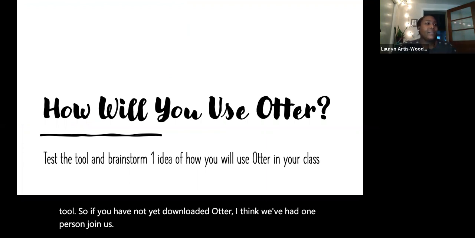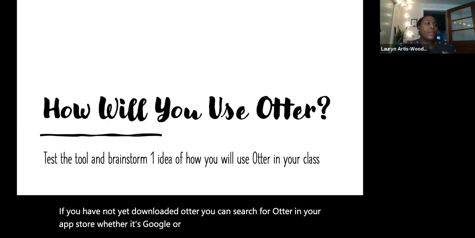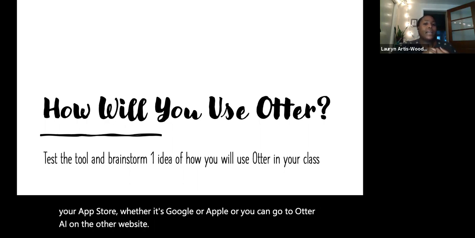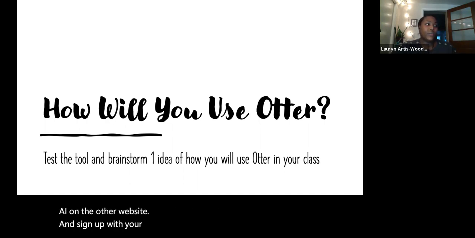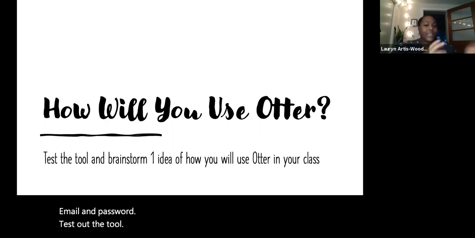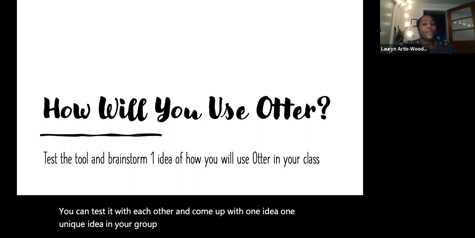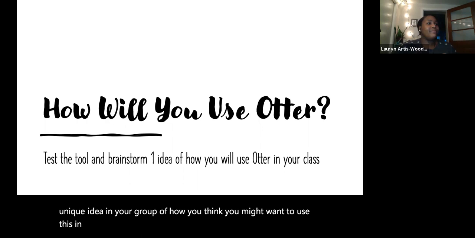If you have not yet downloaded Otter, you can search for Otter in your app store, whether it's Google or Apple, or you can go to Otter.ai on the Otter website and sign up with your Microsoft credentials, which are your NCC email and password. Test out the tool. You can test it with each other and come up with one unique idea in your group of how you think you might want to use this in your class.